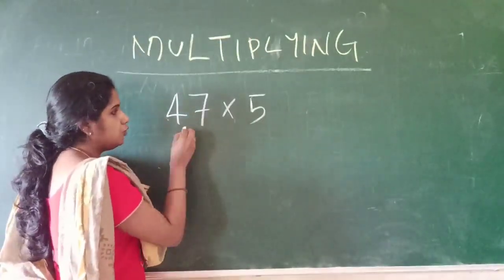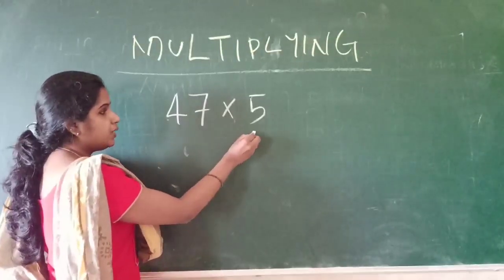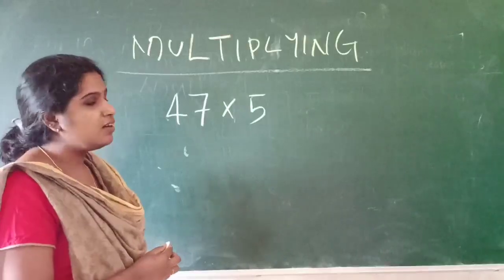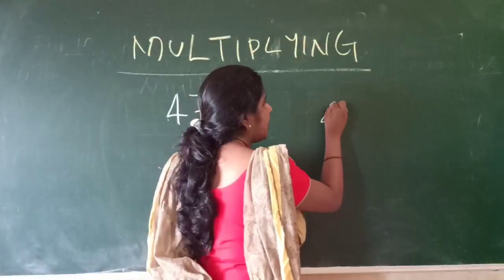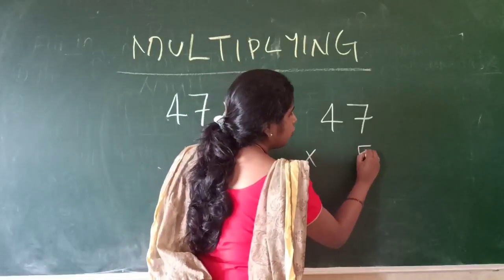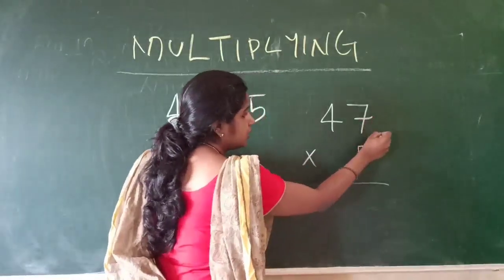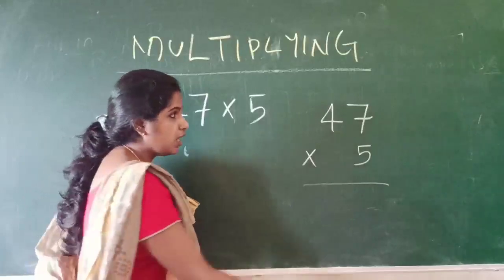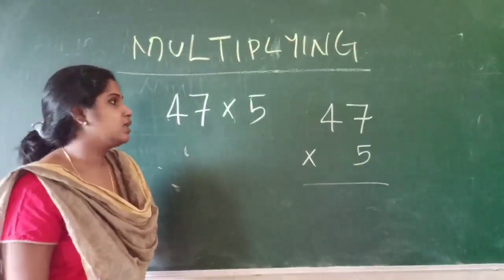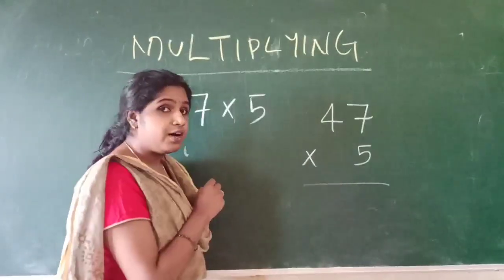47 into 5, 47 multiplied by 5. How can we write it for multiplication? We write 47 into 5, with 5 written under the ones place, under the 7. Now what will we do first?